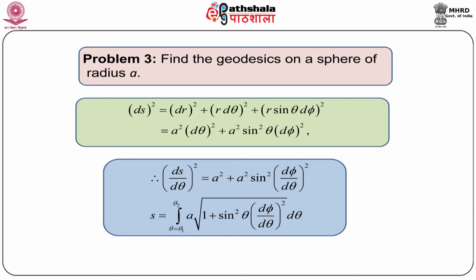Therefore, if we consider d d theta of s, its square is given by a square plus a square sin square theta into d d theta of phi its square.